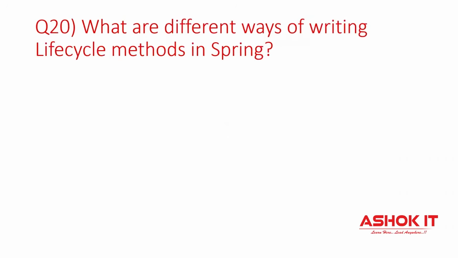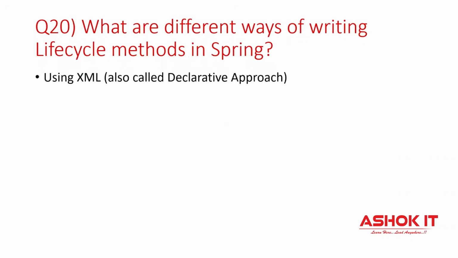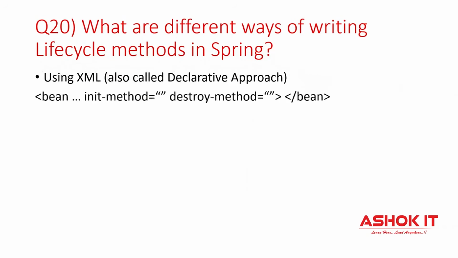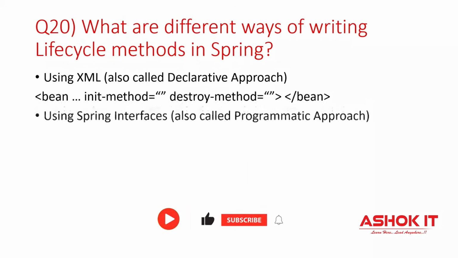What are the different ways of writing lifecycle methods in Spring? We can write them by using XML. It is also called the declarative approach. At the bean tag level, we can pass init-method. We need to pass the method name, whatever method name you take, and the same for destroy-method. Using Spring interfaces is also called the programmatic approach.